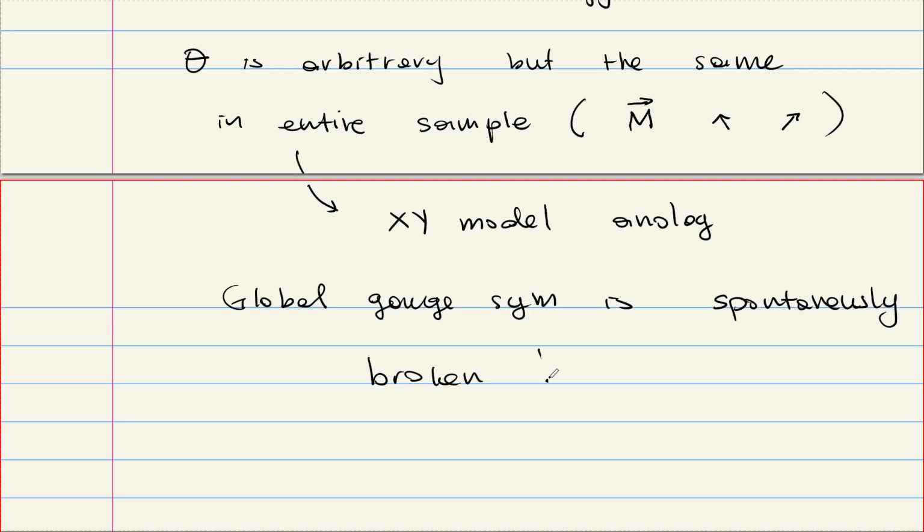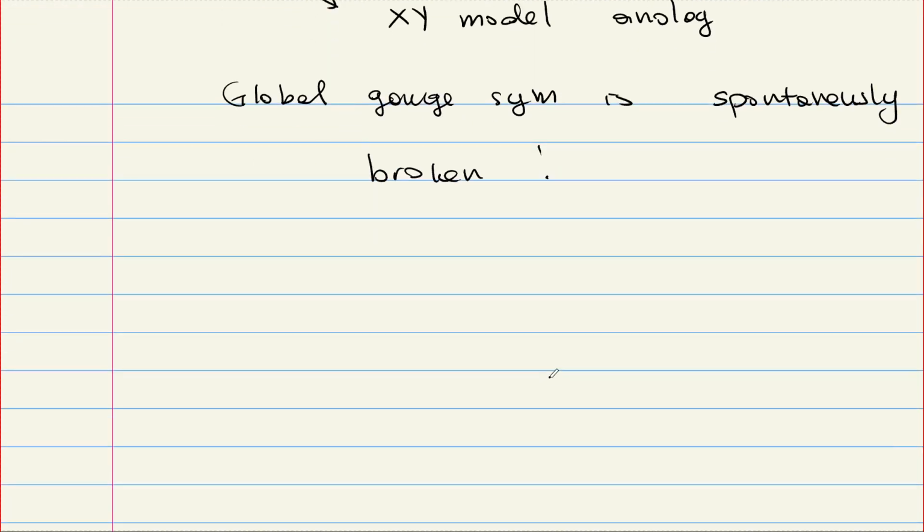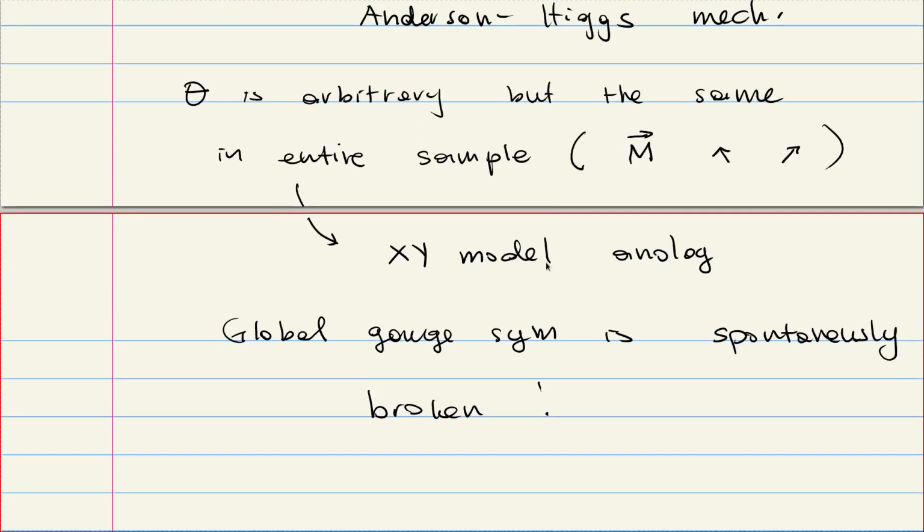Any questions? How can we pick this theta? There's no way you can pick, right? It is arbitrary, but the point is, once you pick one, it is the same everywhere. What is important, of course this theta is defined up to 2 pi, is not its value at a given point, but the difference between values.